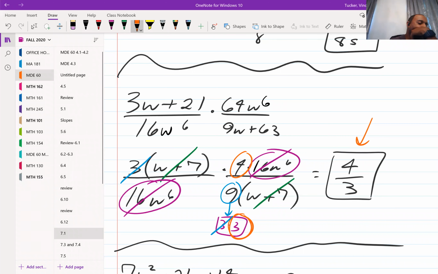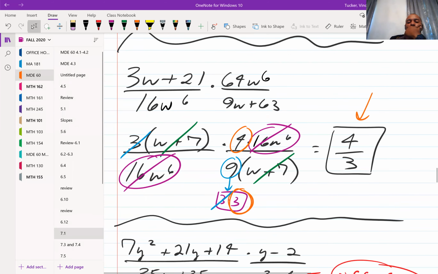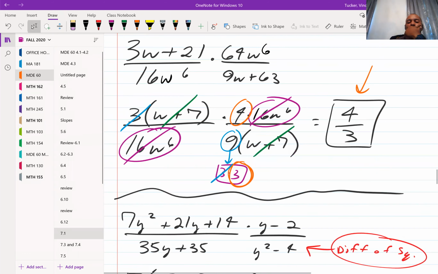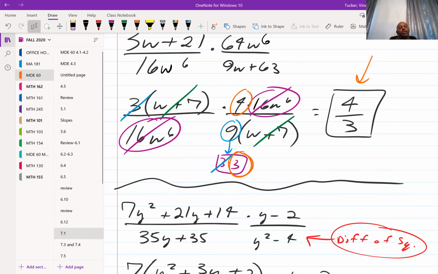One question. All right, so here, 7y squared plus 21y plus 14 over 35y plus 35 times y minus 2 over y squared minus 4.